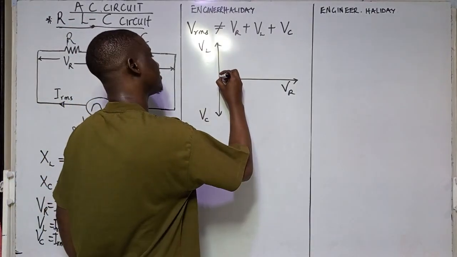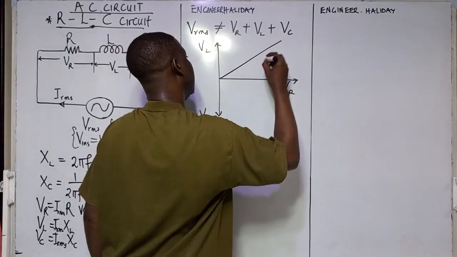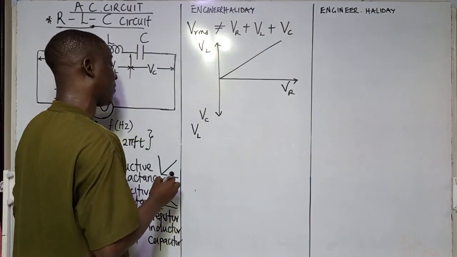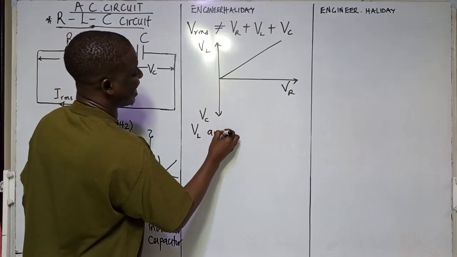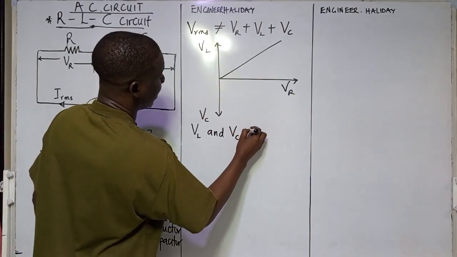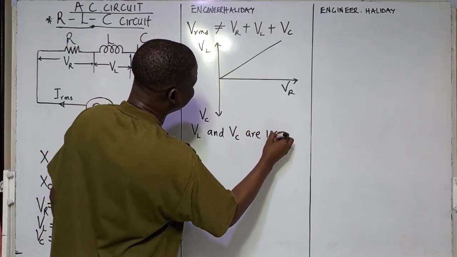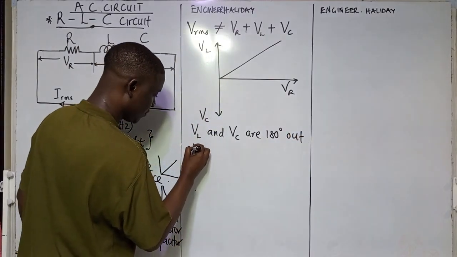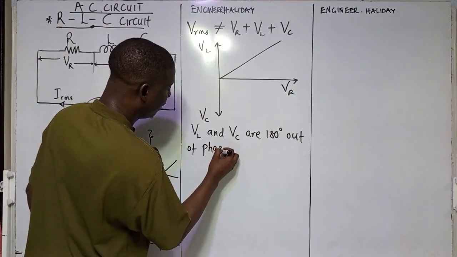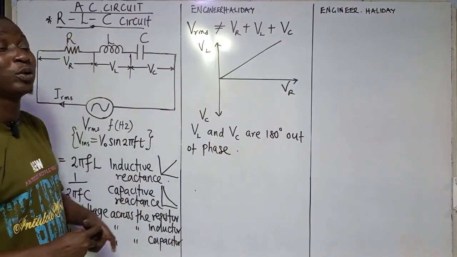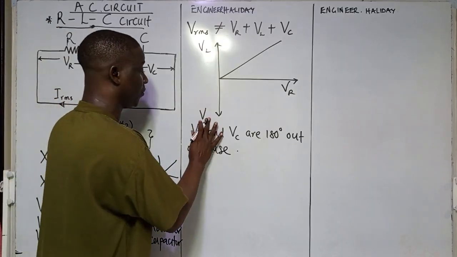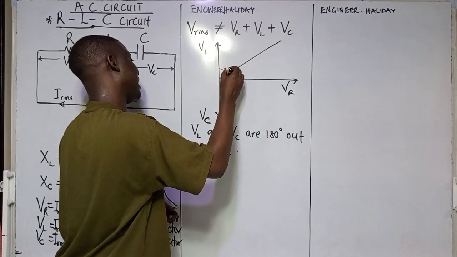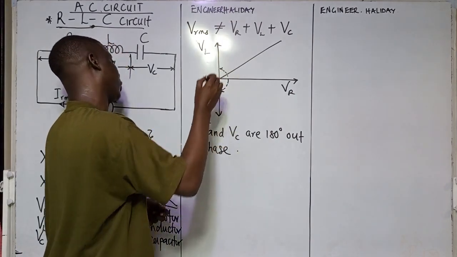Now, let's assume. Don't forget that the voltage across the inductor, from this vector diagram, and the voltage across the capacitor, VC, are what? 180 degrees out of phase.